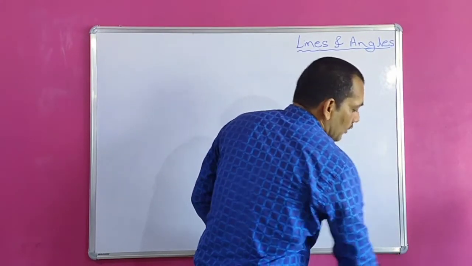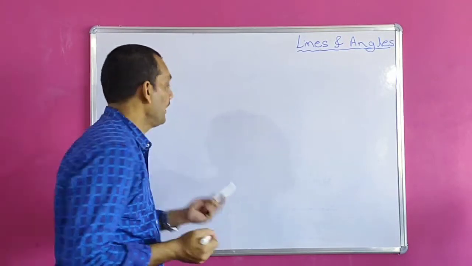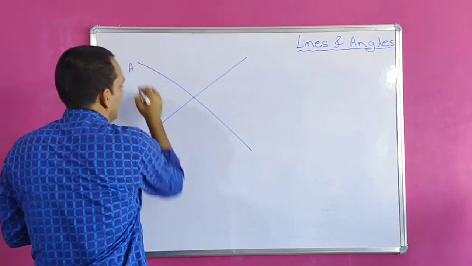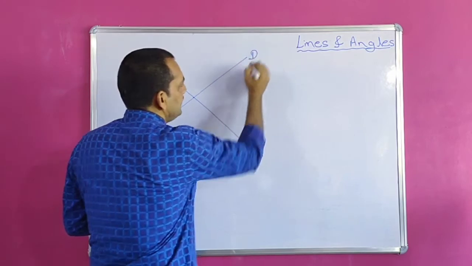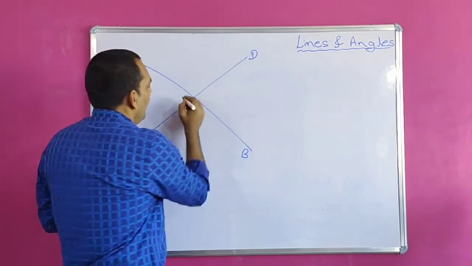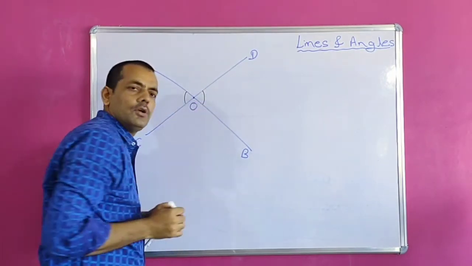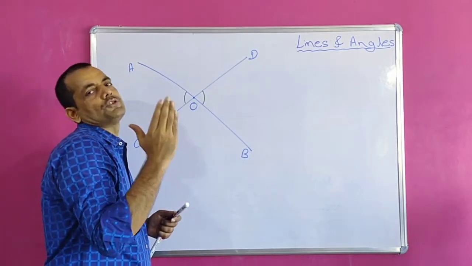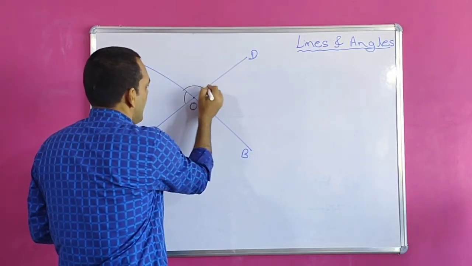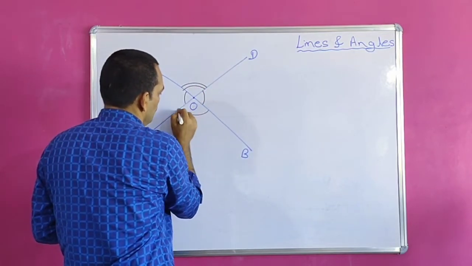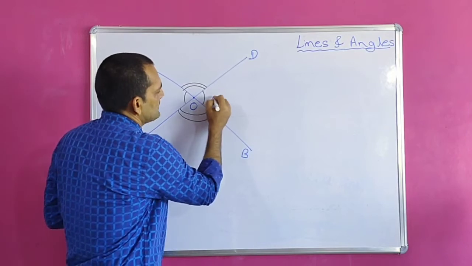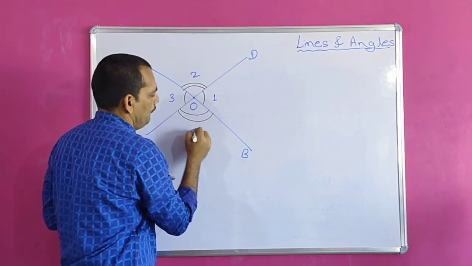Now, what is a vertically opposite angle? In the case of two lines AB and CD crossing at point O, these two angles are known as vertically opposite angles, and they are equal, and likewise these other two are equal. We can prove it; it's very simple. Name these angles 1, 2, 3 and 4.